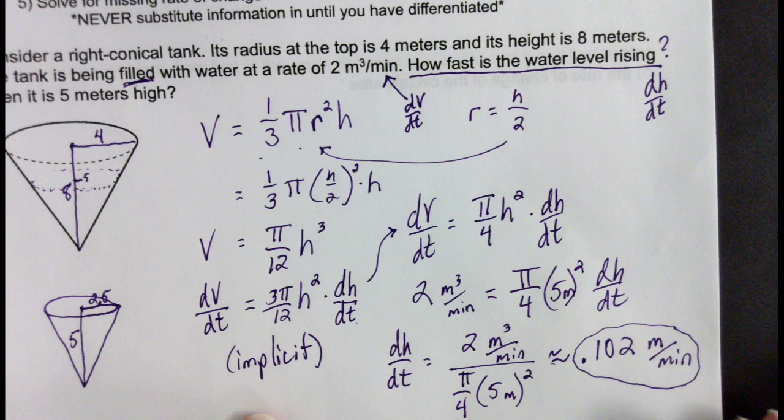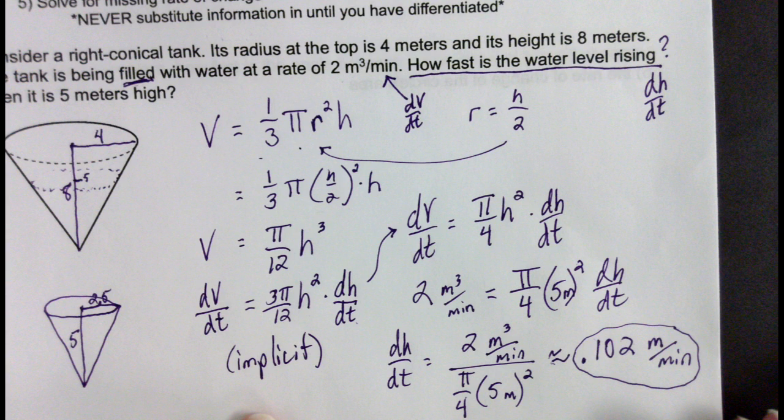A stone is thrown into a pond, causing ripples in the form of concentric circles. I love that word, concentric. And the circles are moving away from the point of impact at a rate of 20 centimeters per second.